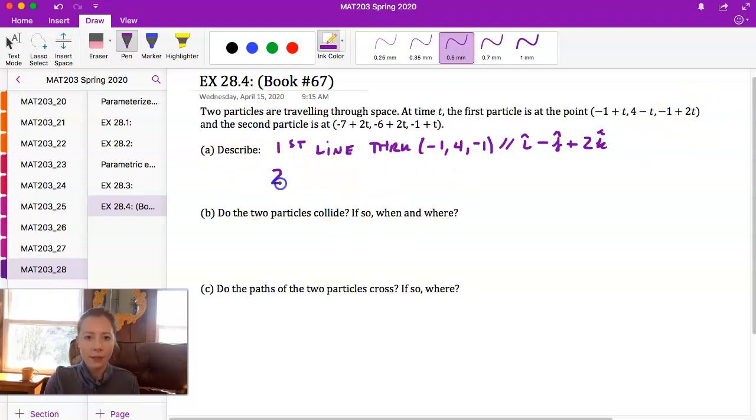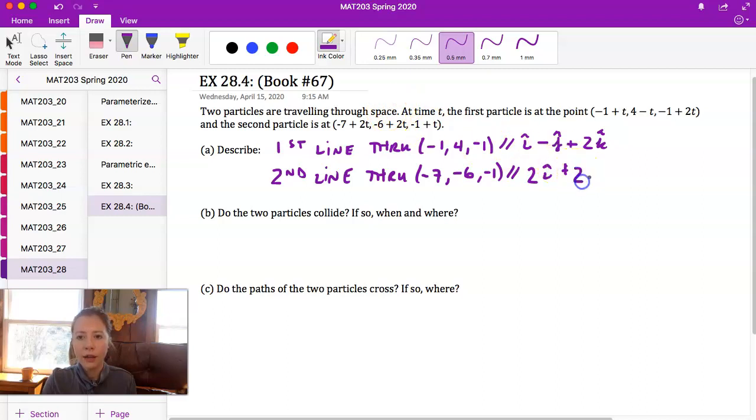And the second line passes through the point minus 7, minus 6, and minus 1, and it's parallel to 2i hat plus 2j hat plus k hat.